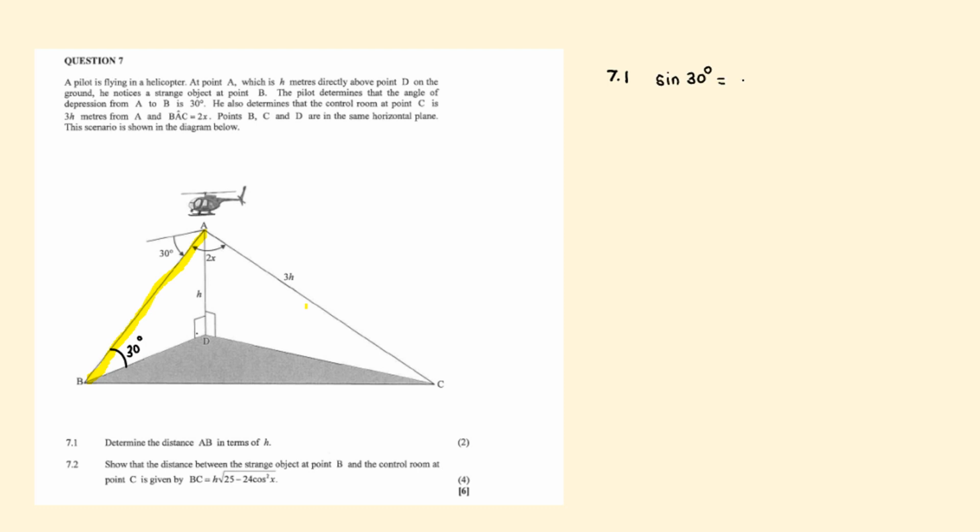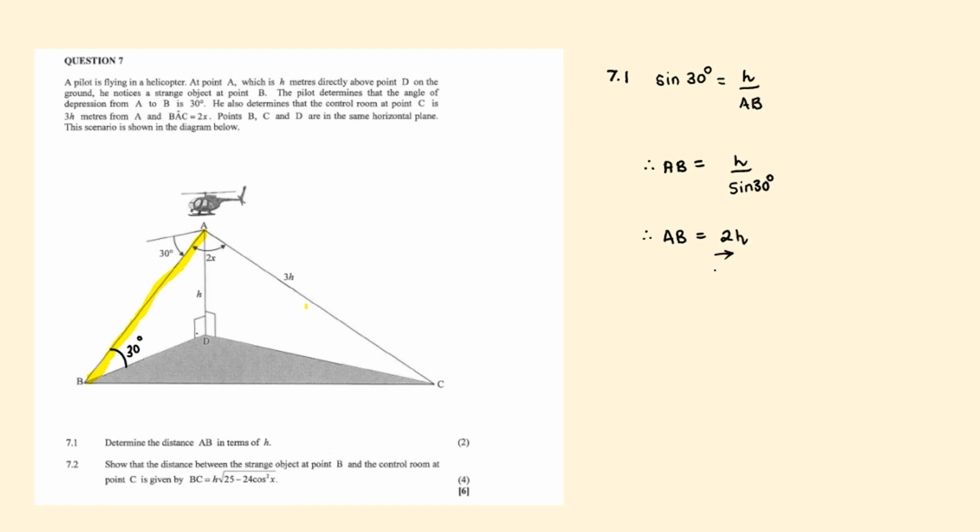So we can say that the sine of 30 degrees is equals to the opposite, which is H, divided by the hypotenuse, which is AB. Multiplying both sides by AB and then dividing both sides by sine of 30 degrees, you get that AB is equals to H over sine 30 degrees. Sine of 30 degrees is equals to a half, so AB simply equals 2H.